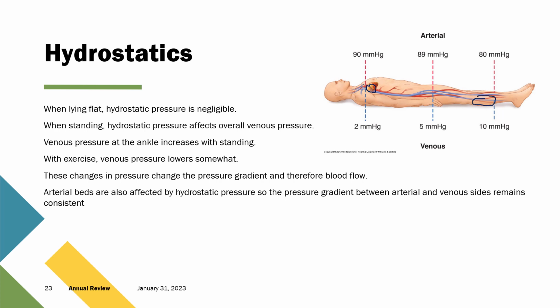As our calf muscles contract, they squeeze those veins, pushing the blood upward towards the heart level. So when we exercise, that calf pump will help lower the hydrostatic pressure in the legs. But if we're standing, not mobile at all, that's when the hydrostatic pressure of the legs is going to be highest.